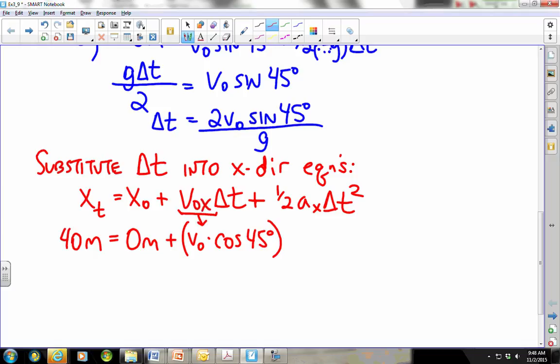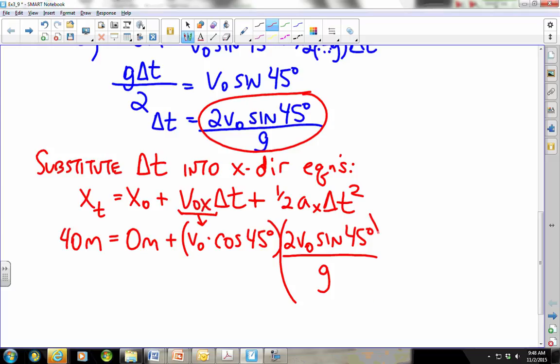Then for delta t, I'm going to plug in this whole thing right here, 2 v naught sine 45 degrees over acceleration due to gravity. But then ax is 0 because it's moving at a constant velocity in the horizontal direction. So that all comes out to be 0, which is nice.